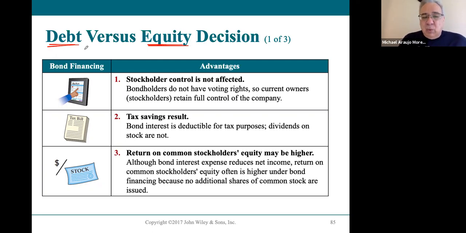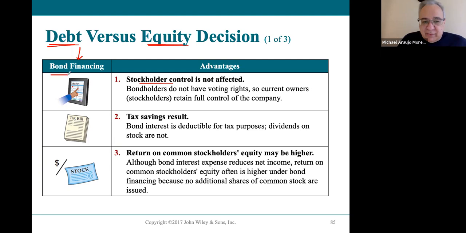One advantage, if they go with debt, if they decide to raise money by issuing bonds, is that the owners are not affected to that degree because they don't have to put more money in. Bondholders don't have any voting rights. Owners have full control of the company.